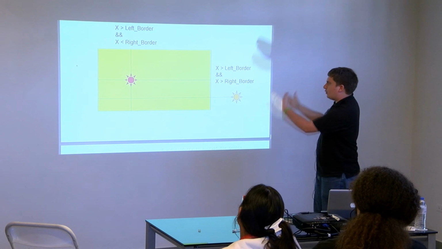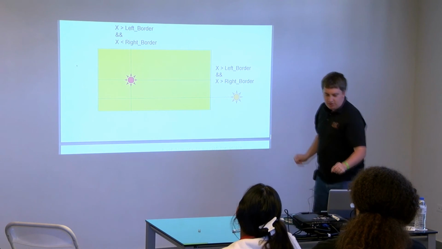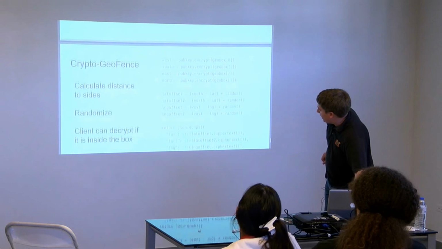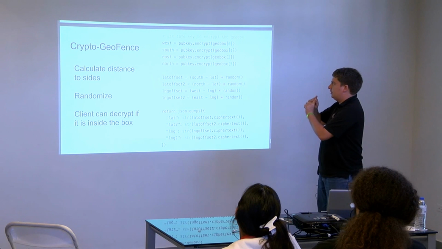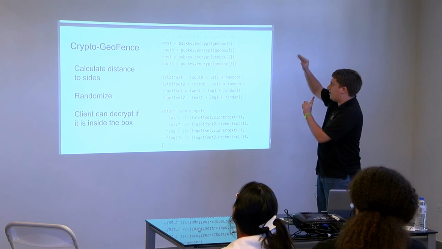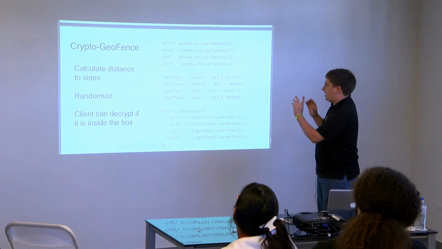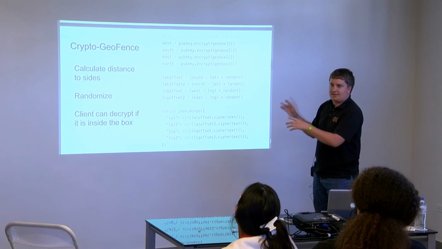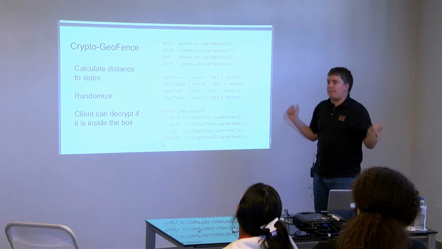So that means you are within that box. So the code that I actually use here is I take your latitude and longitude, encrypted, compare them to the sides, and then I could send it back to you like that, and then you'd know how far you are from my box.